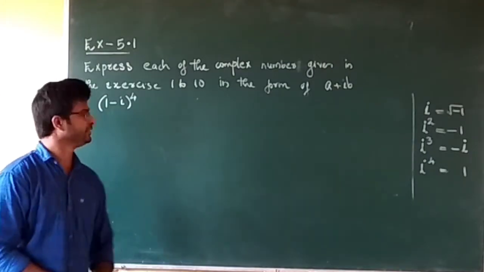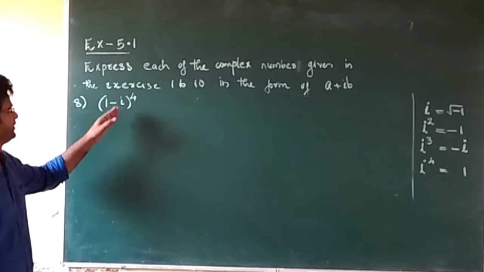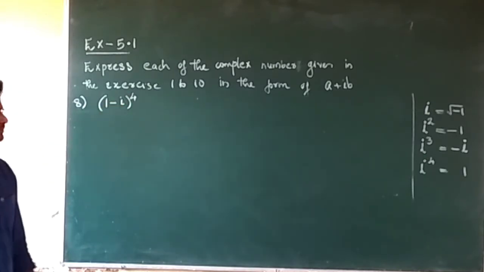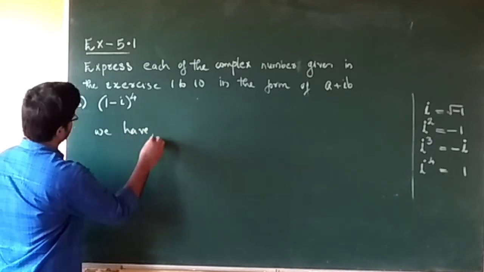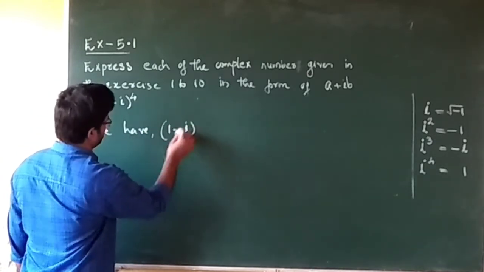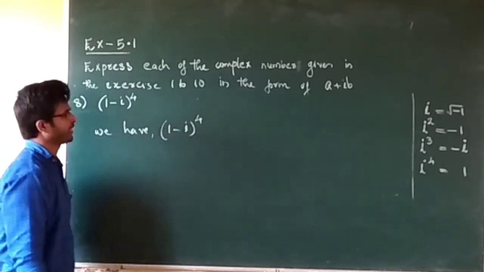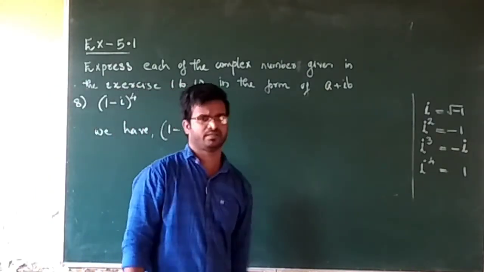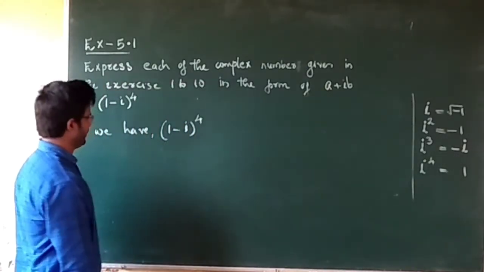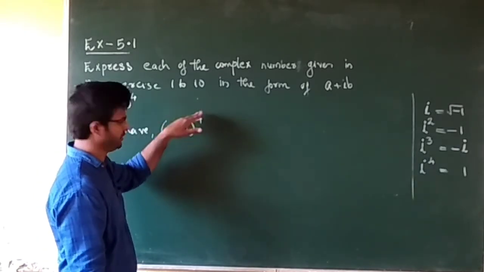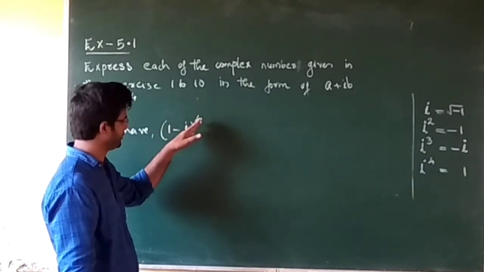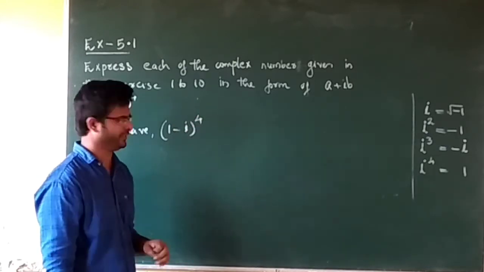Question number 8. 1 minus i all raised to 4. We have to write it in the form of a plus ib. We don't know how to expand all raised to 4, isn't it?